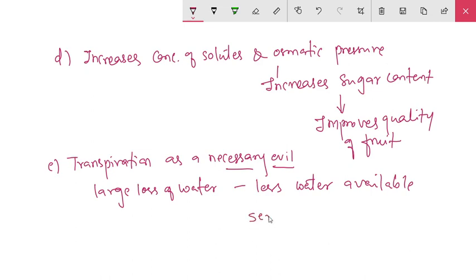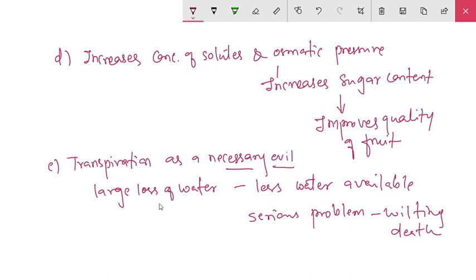So a large loss of water, with less water available in the soil, causes a serious problem to the plant's life. It may cause wilting as well as death of the plant, and therefore it is described as the necessary evil.